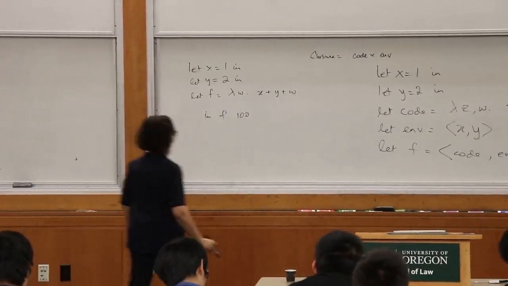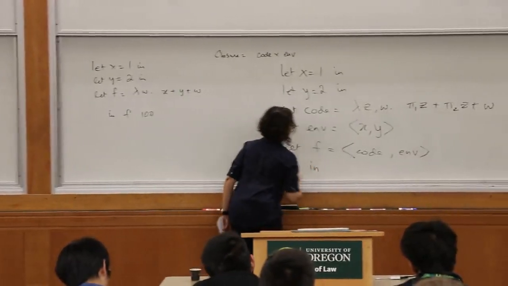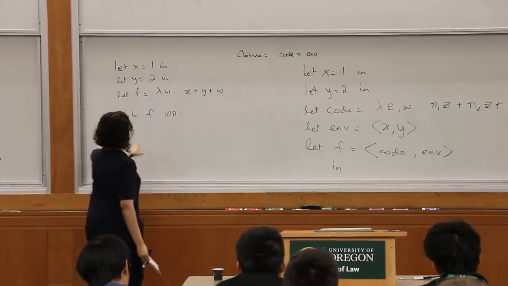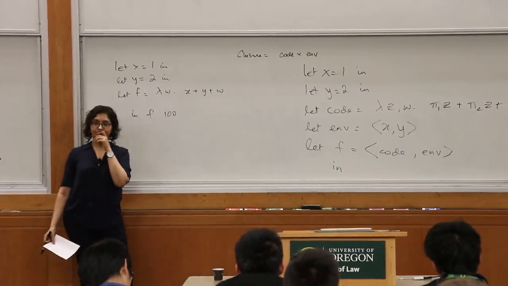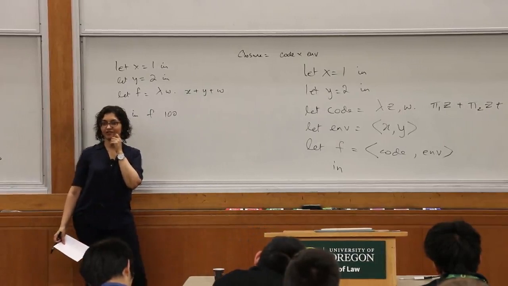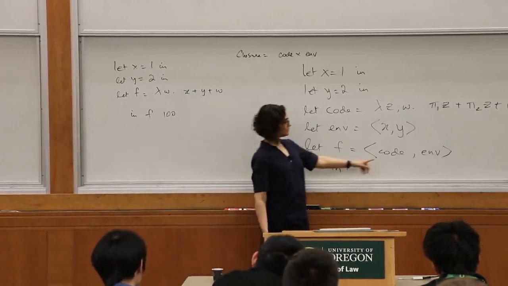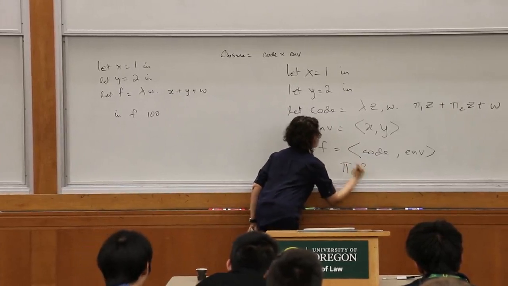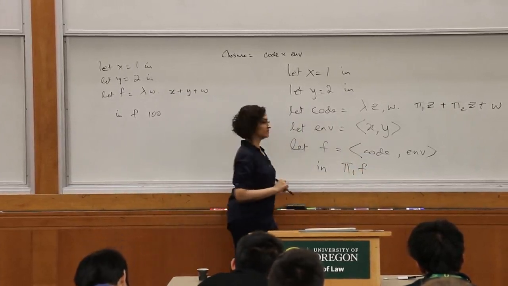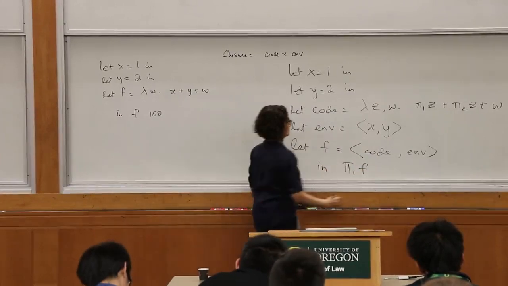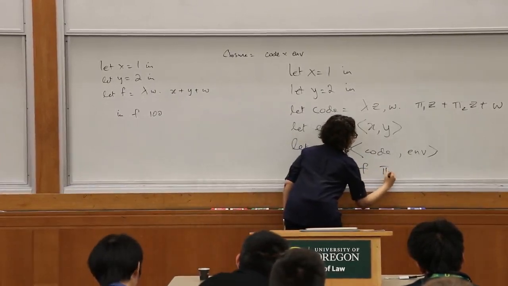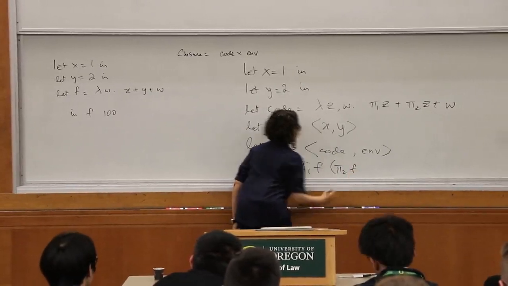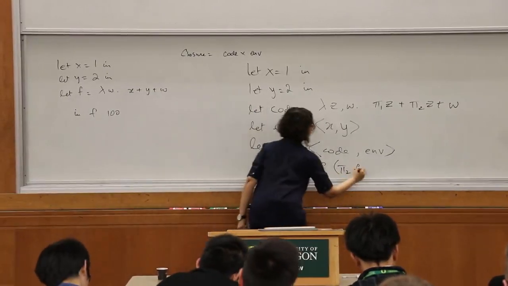Okay, and finally, we are going to apply f. Before we were just applying f to 100. But now f is not just a function. I can't just apply it. It's a pair. So I have to project out the code. F is a pair, so I project out the code, I project out the environment and pass it as the first input.